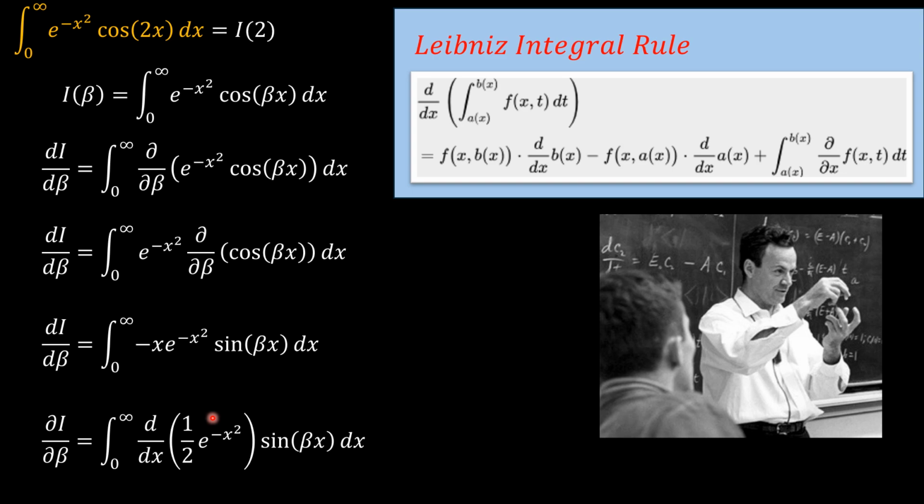So let's go on and see how we can do that. As we had said, this is what we have, and now how do we integrate this using integration by parts?